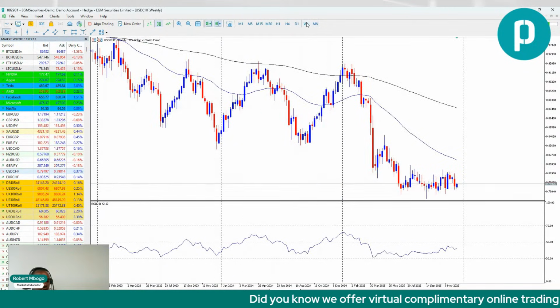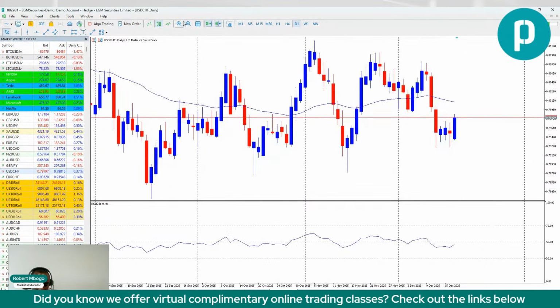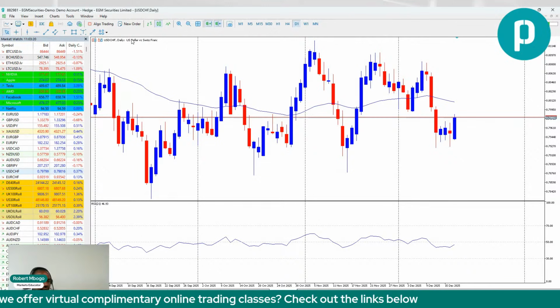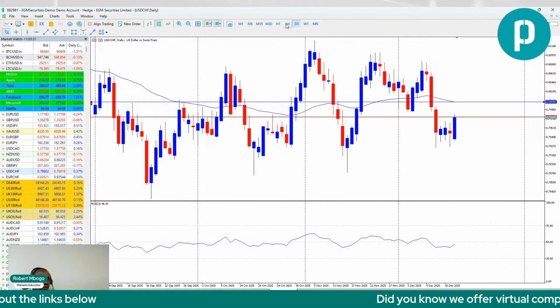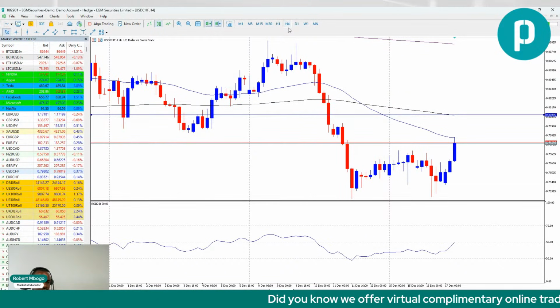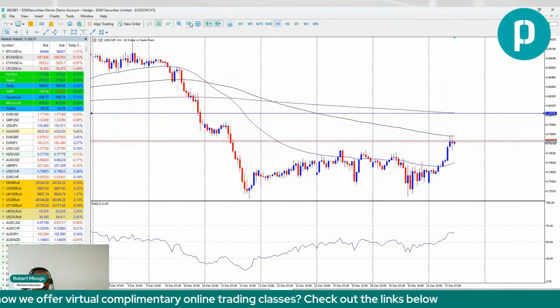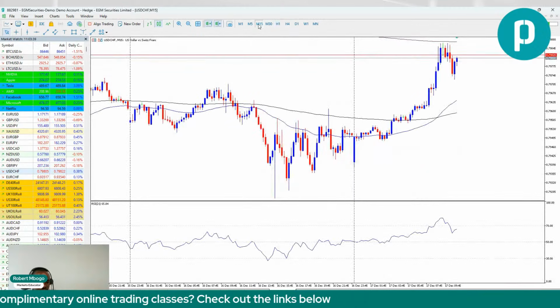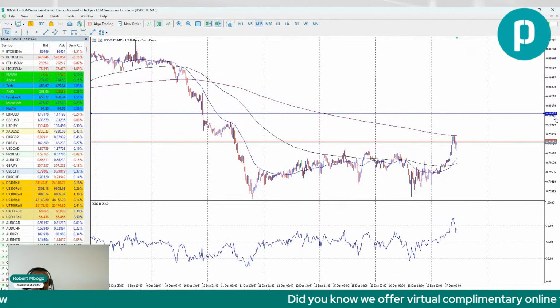So let's have a look at the daily. I would want to see price probably test this moving average. That's almost 29 pips from the current market price. There are still some strong sellers here, but strong sellers are actually above 80.09.